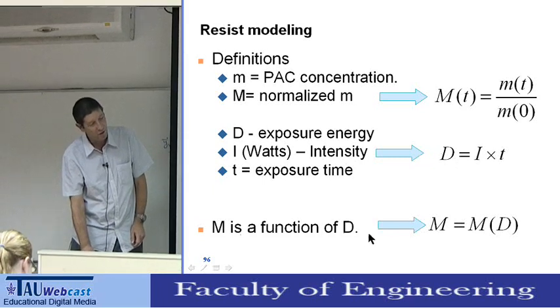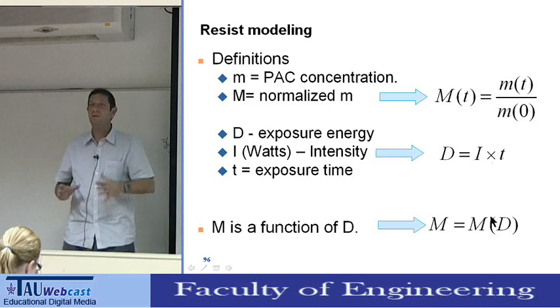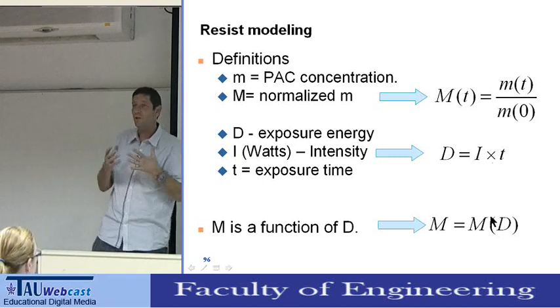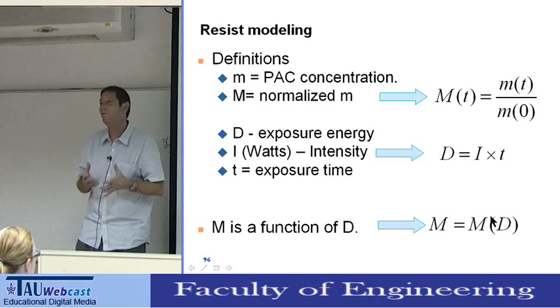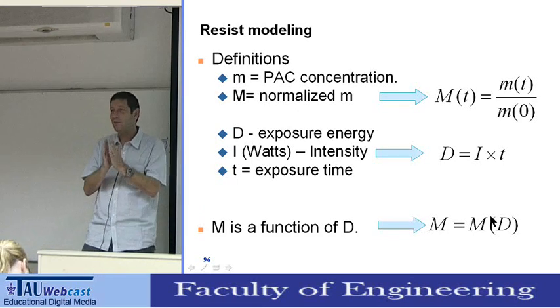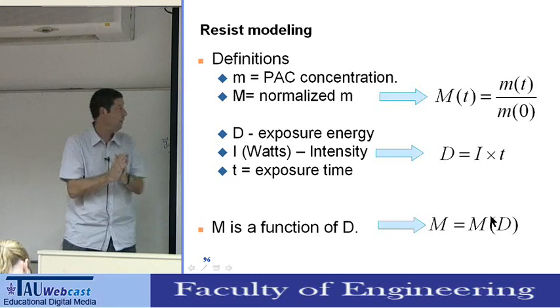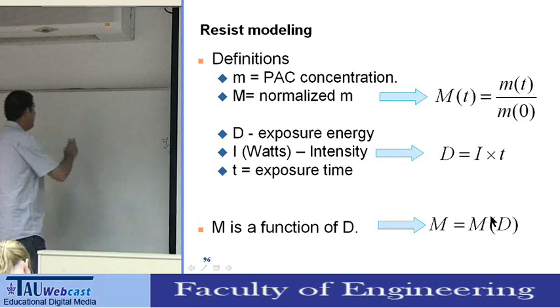And M is a function of the dose, which is the multiplication of the power and the time. Dose is energy. It's energy per centimeter square. And energy per centimeter square is practically the number of photons per centimeter square, because we illuminate at a fixed wavelength, and the wavelength is lambda.